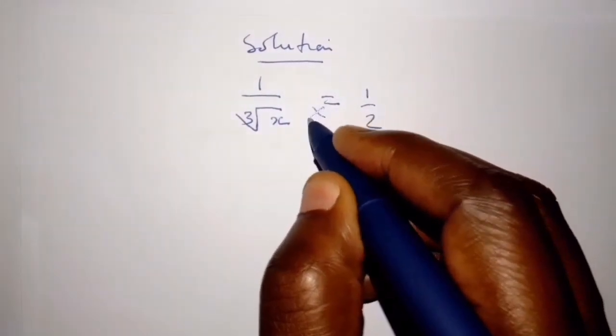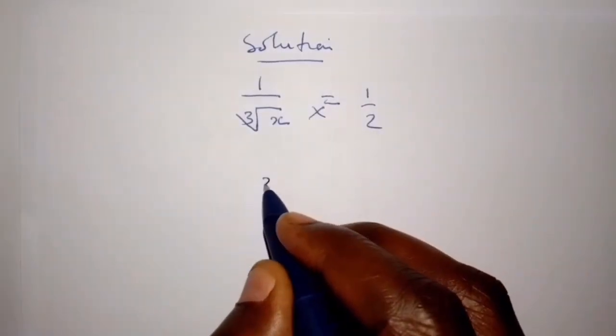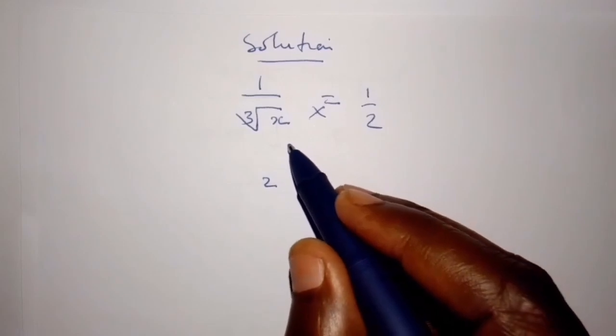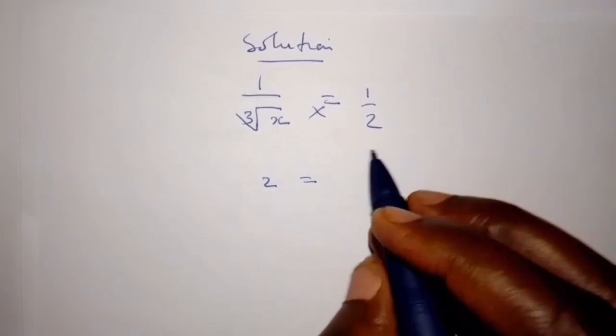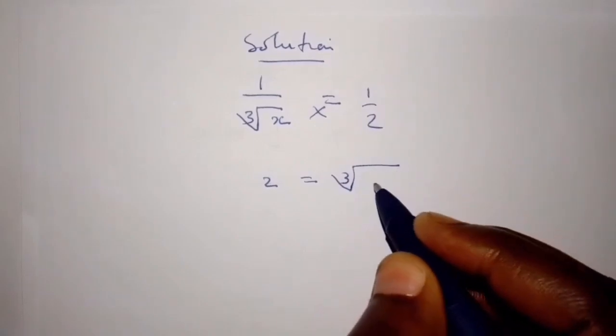Then we cross multiply. 1 times 2 is 2 is equal to 1 times cube root of x, which is equal to cube root of x.